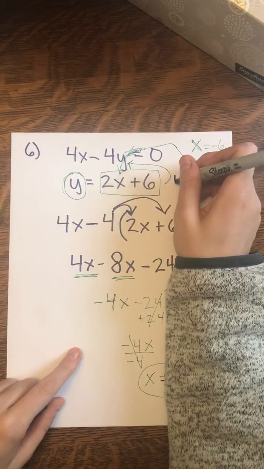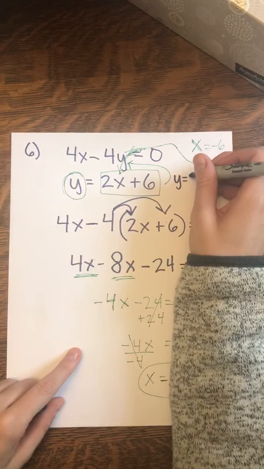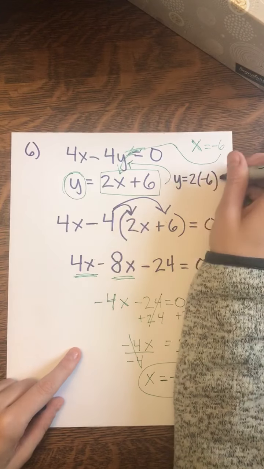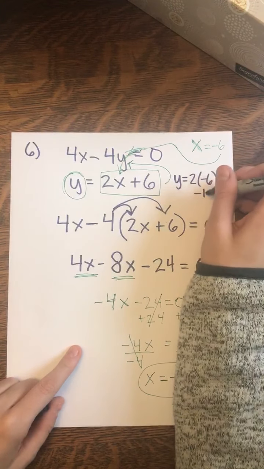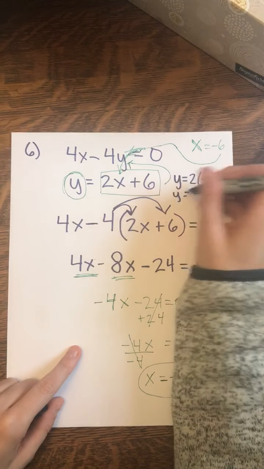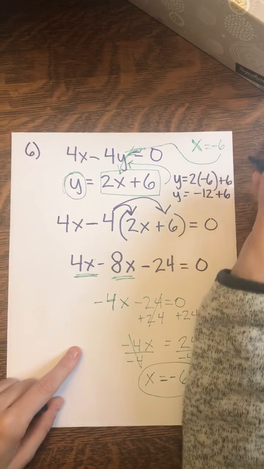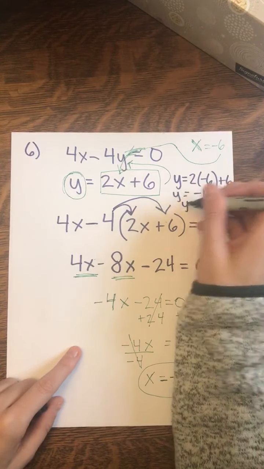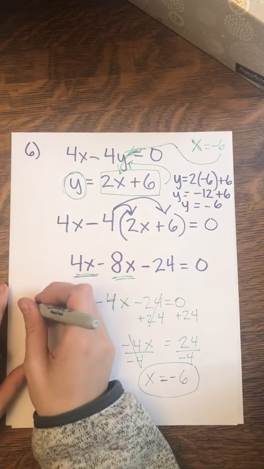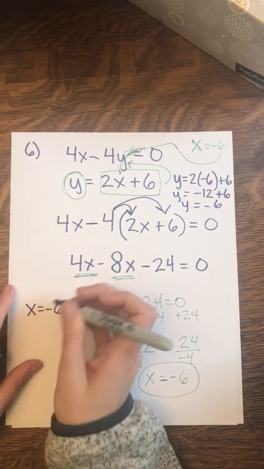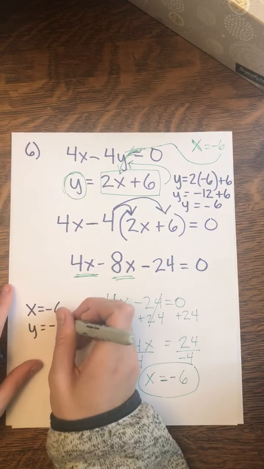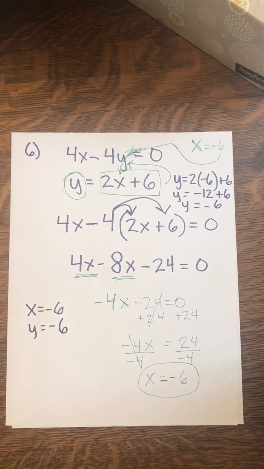I'm going to plug in negative 6 for x, so it's 2 times negative 6 plus 6. Well, 2 times negative 6 is negative 12. So negative 12 plus 6 is negative 6 equals y. So my x term is equal to negative 6, and my y term equals negative 6. Pretty awesome.